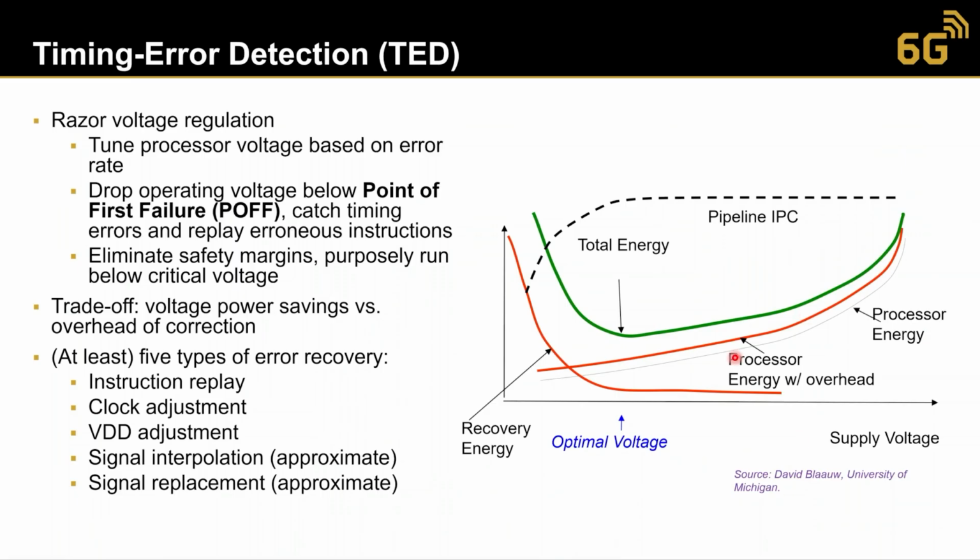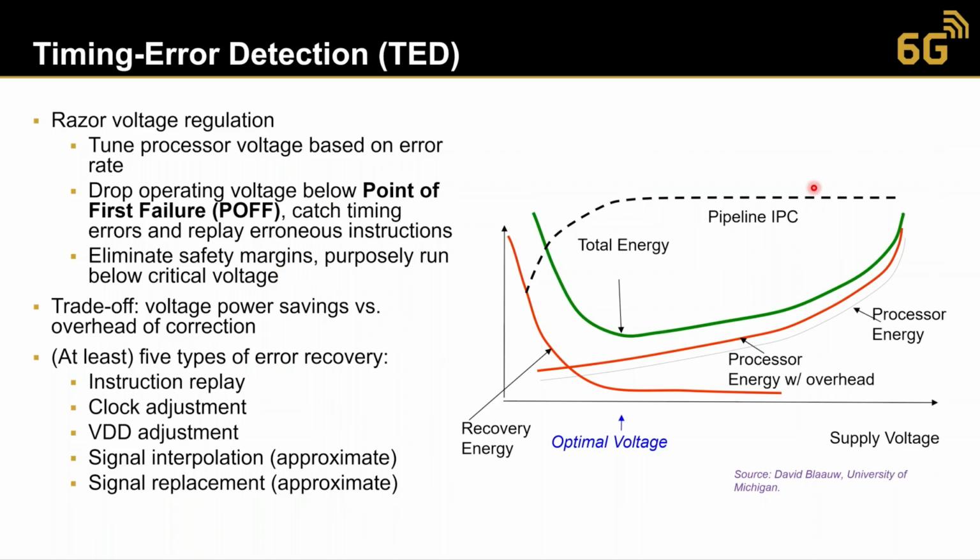This is an interesting academic solution which was originally introduced at the University of Michigan, but many groups, like myself, have been doing solutions on it. The idea is to run below the point of first failure, so that you do get some errors, and then you correct these errors.